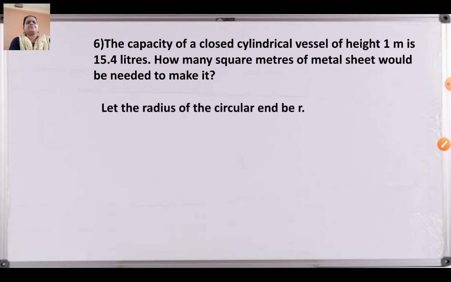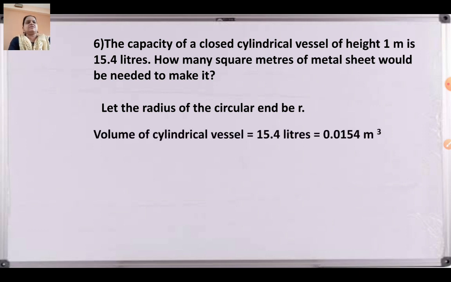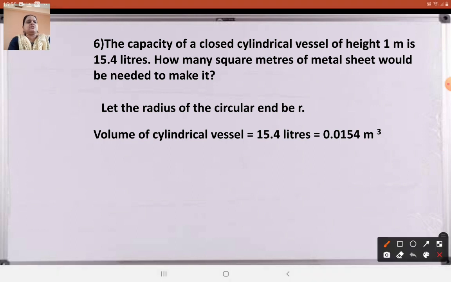Let us see. Let the radius of a circular end be r. Correct? Yes. The next step, volume of a cylinder or cylindrical vessel equal to 15.4 liters. So if you divide by 1000, do you remember the conversion? Yes, liter to meter cube we have to divide by 1000, and meter cube to liters you have to multiply by 1000.